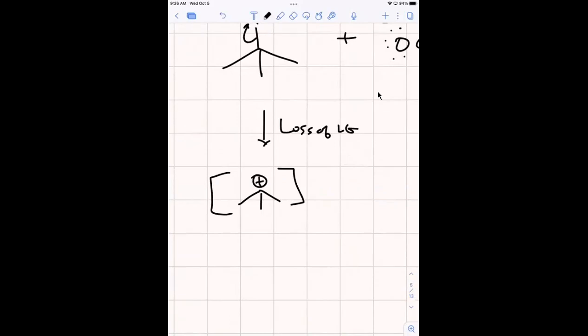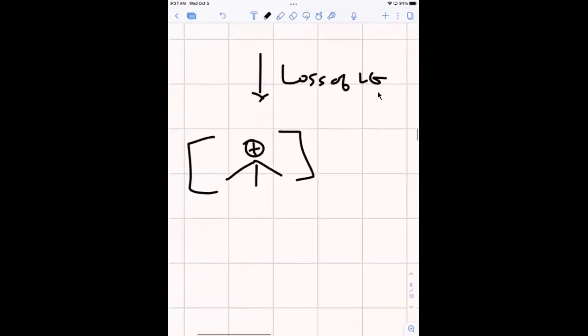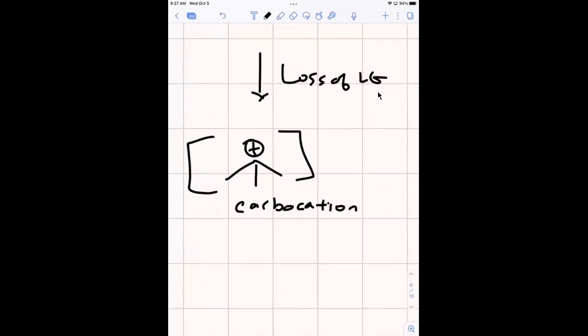Tertiary may be favored because they're the least substituted, or are they the most substituted? Think about what we did. We're making a carbocation. What's the trend for carbocation stability? Which carbocation is the most stable? Oh, yeah, the tertiary.